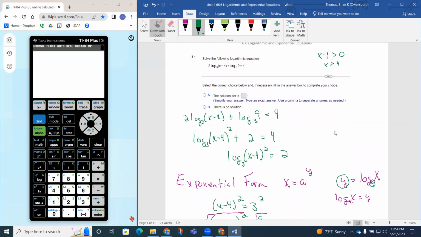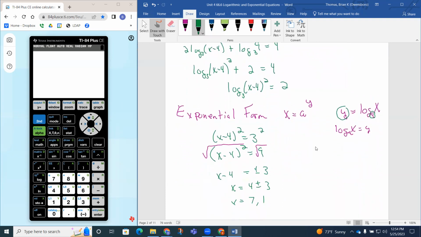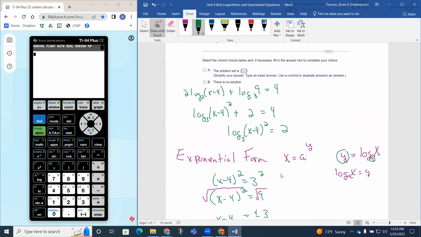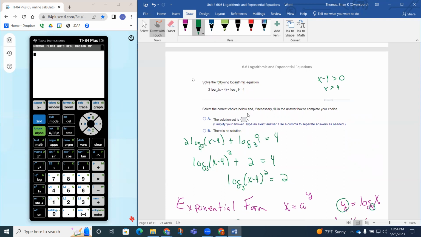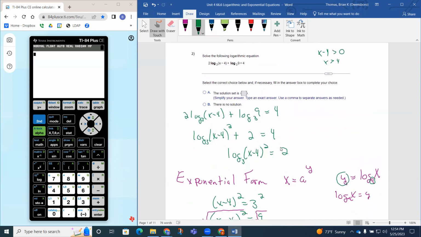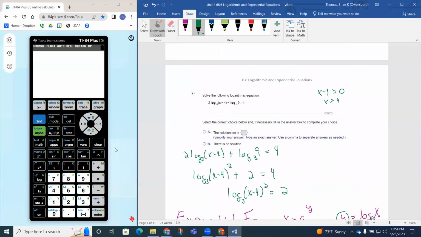So what I'm picking up on, we would probably have to exclude the 1. So let's see if it plays out by actually just verifying it. If we put a 1 in the problem, does it actually work? Again, this is a base 3 log.